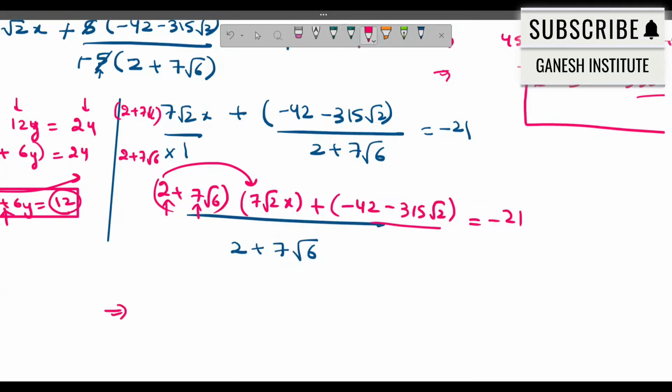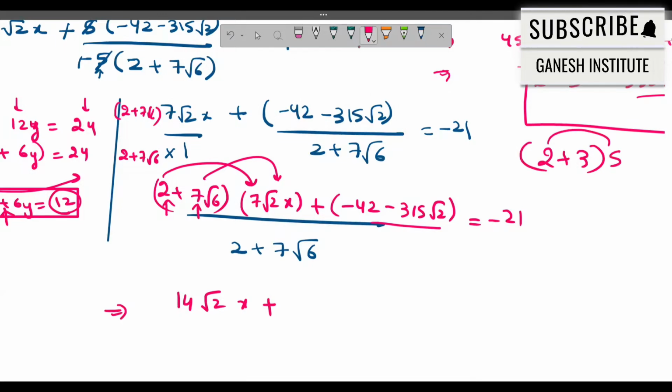So 2 multiplied by 7 root 2x. 2 times 7 root 2x is 14 root 2x. Then this part, plus. So do we distribute that again? Yes, because there are 2 parts, right? 2 plus 3 into 5. So you have to do it with this and this, both.